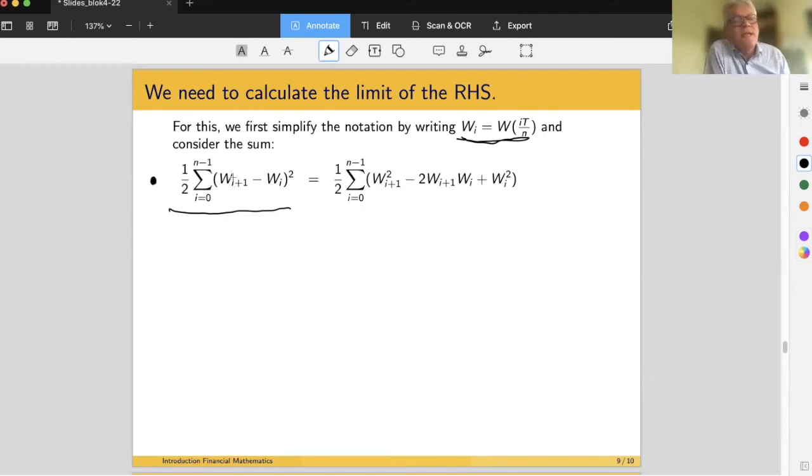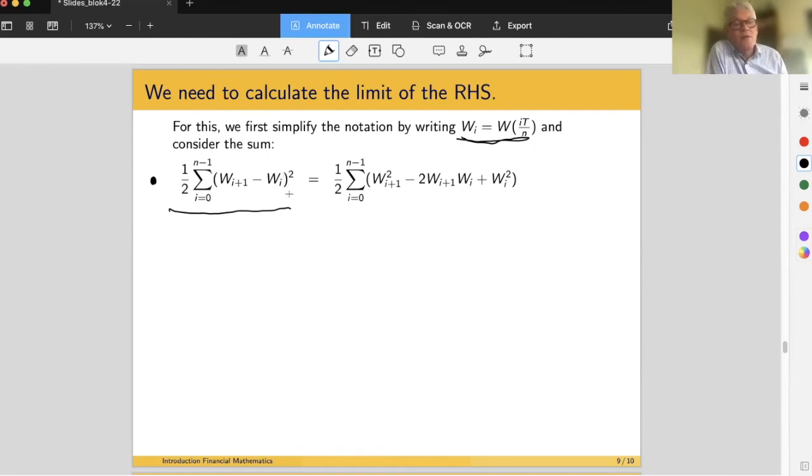And see this notation, this is a short notation, W with a subscript i. For that, I mean W at the time point iT over n. And that is just a little bit easier to handle.